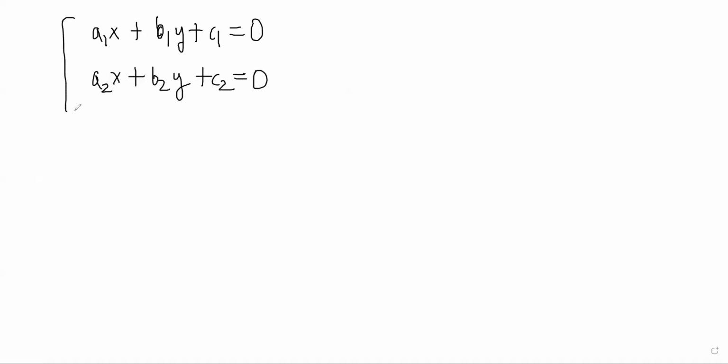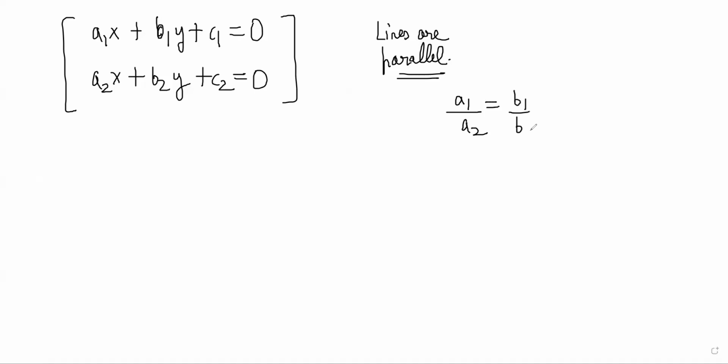What can we say when we look at these two equations? These lines will be called parallel if their slopes are equal. So you will have the condition that a1 by a2 will be equal to b1 by b2. That will come from slopes being equal, right?